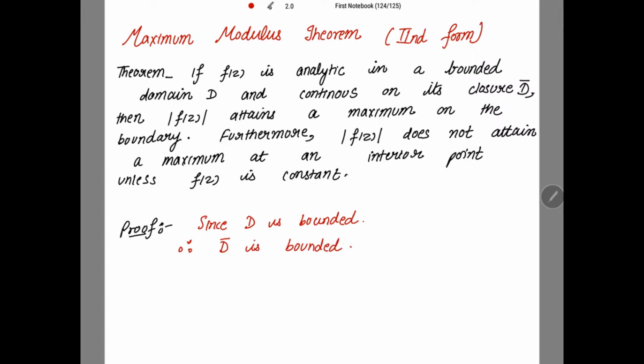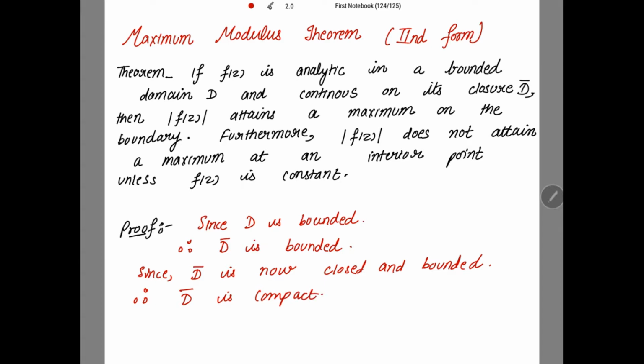Since D bar is now closed and bounded, and every closed and bounded set is a compact set, D bar is compact.